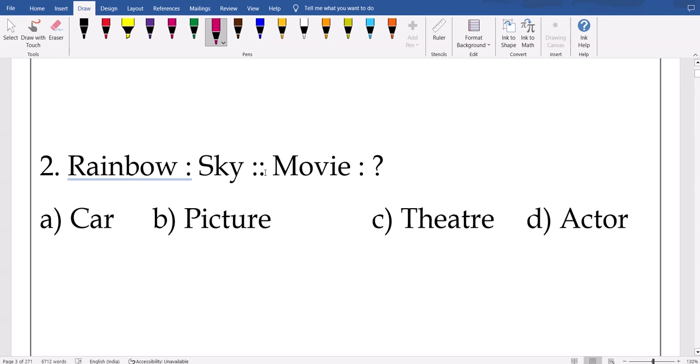Right. So rainbow, sky: we can see a rainbow in the sky. We can see a movie in a theater. Okay, some words are easy, but I am again stressing, please keep in mind in today's test as well as in the main exam, especially regarding analogy, they give typical words.